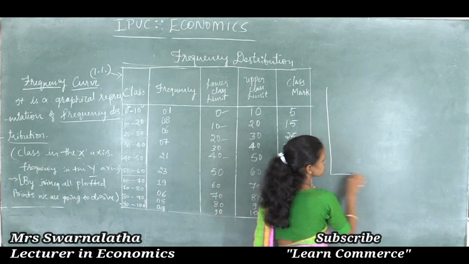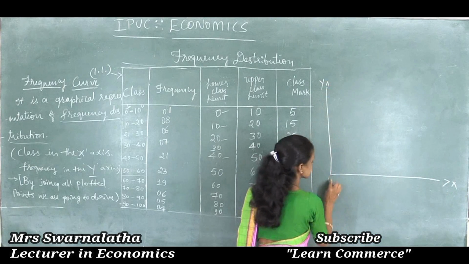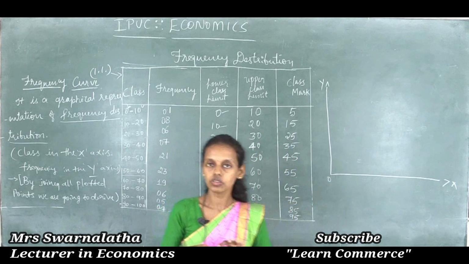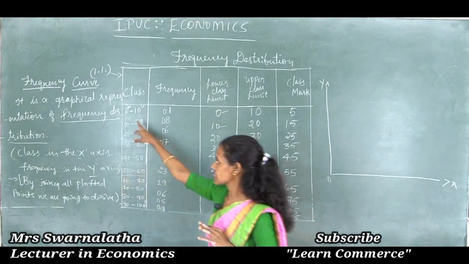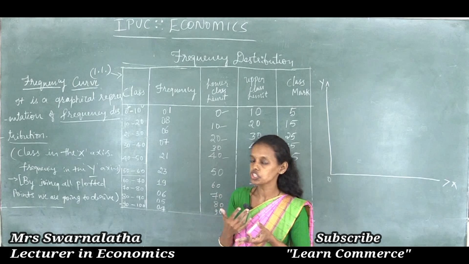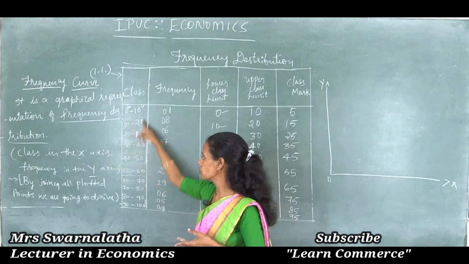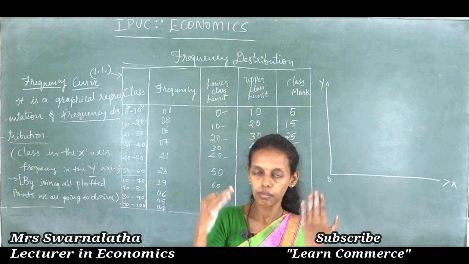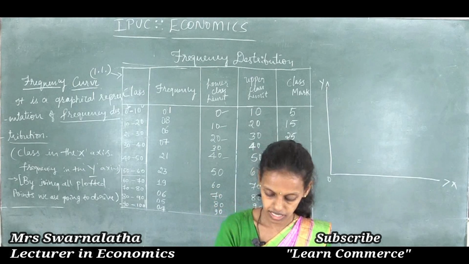See here, we take the x-axis and y-axis as it is. We should take the classes on the x-axis. 0 to 100 is very lengthy, so as I said, we should find the range. To obtain the frequency curve, we should find the range. No need of calculating, by yourself you can imagine what width of the classes you should take.